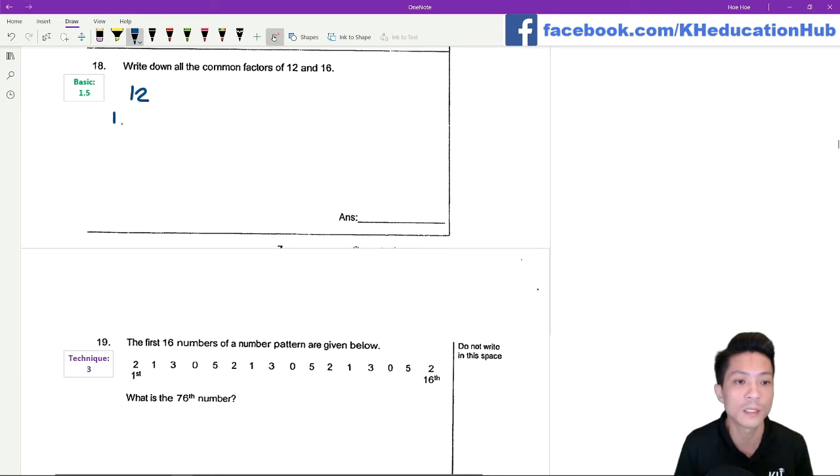So by listing it out, 1 times 12, 2 times 6, 3 times 4, that should be it. 16, 1 times 16, 2 times 8, 4 times 4, 8 is already here. Okay, that should be it.